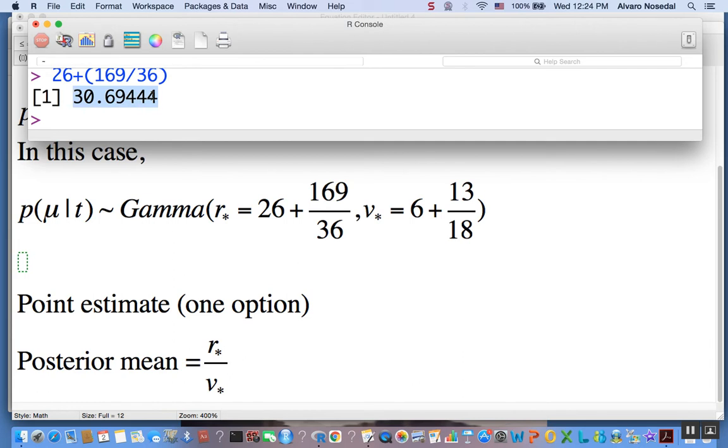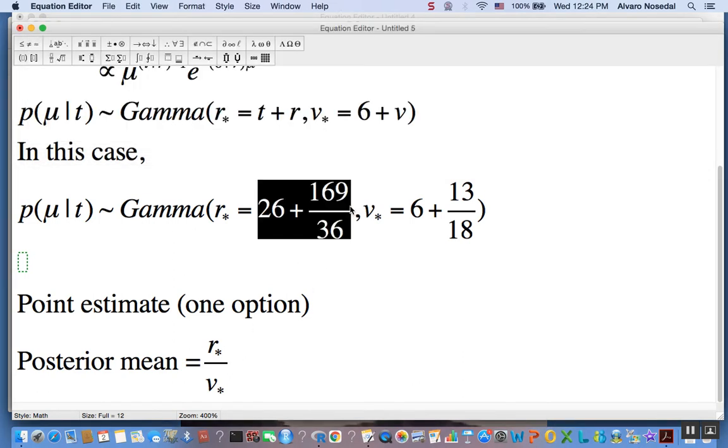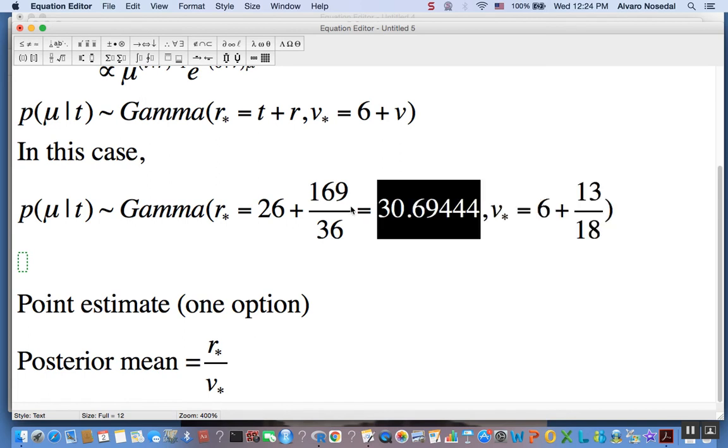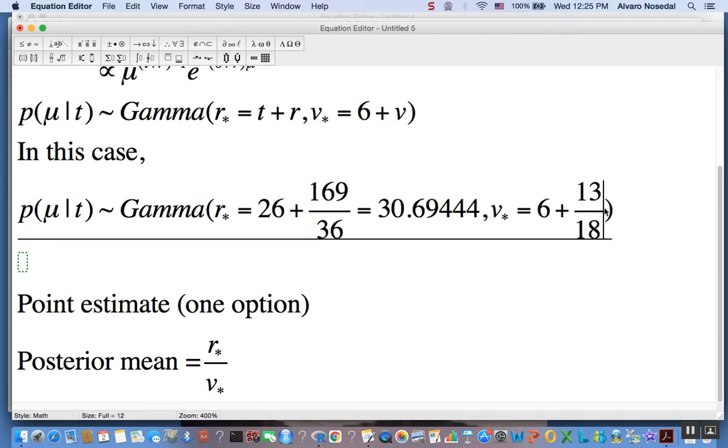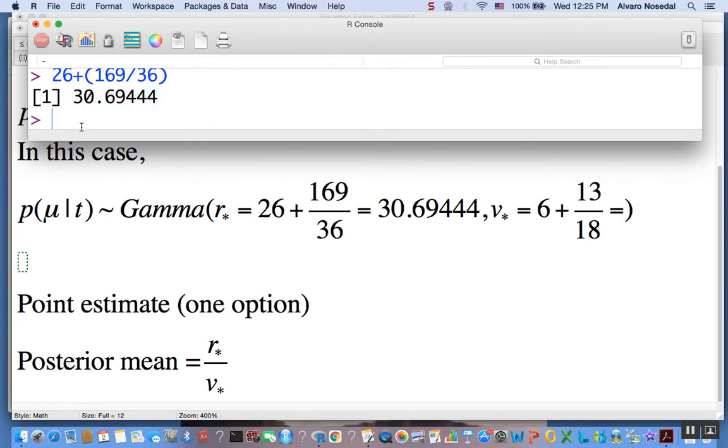So roughly this. And v star, let's find it as well. So 6 plus 13 divided by 18, this.